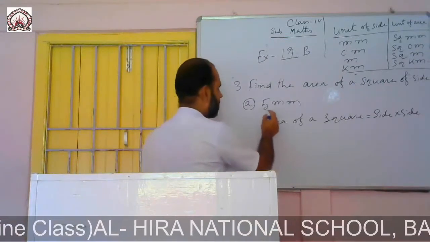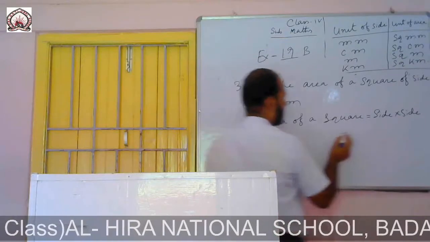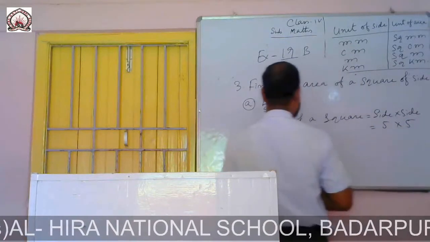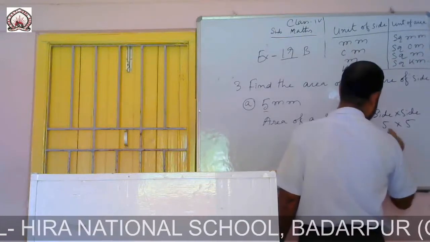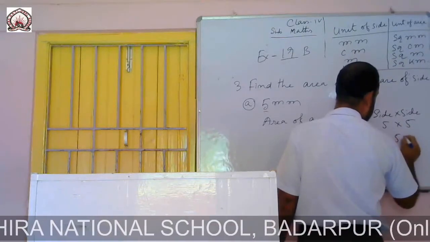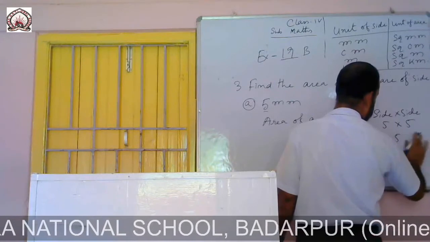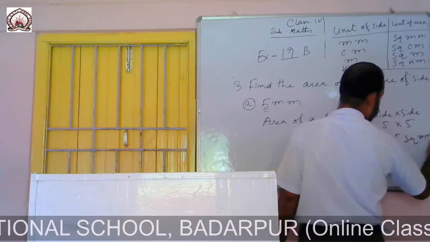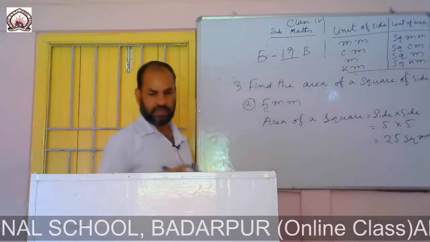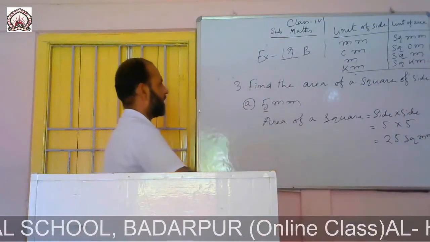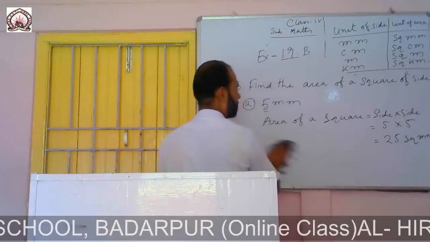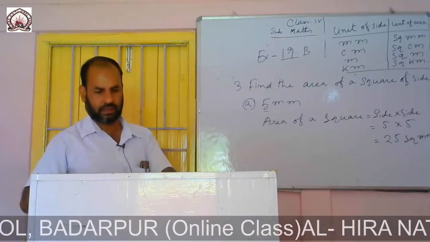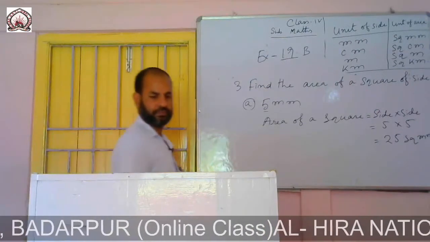So now here side equals 5 millimeter. 5 fives are 25 square millimeter. Next, question number B.